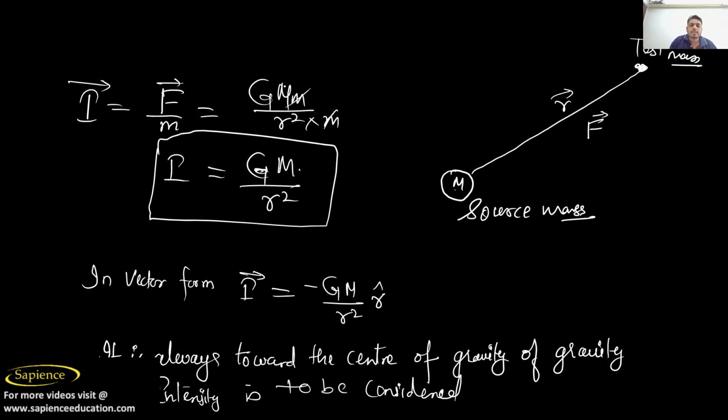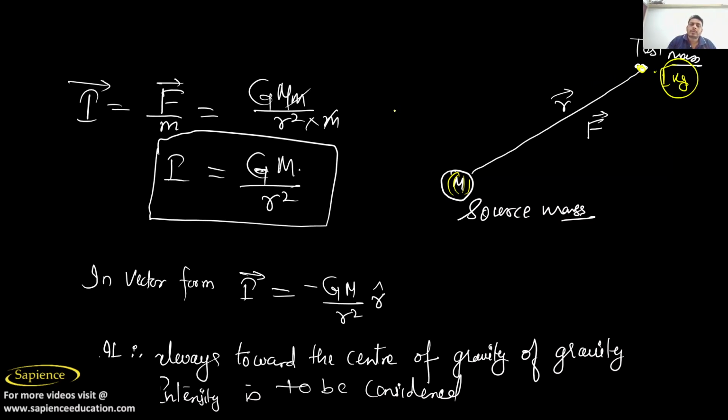Now let us see it mathematically. Suppose there is a source of mass M, and this is your test mass. Test mass means 1 kg mass; I am talking about 1 unit mass.